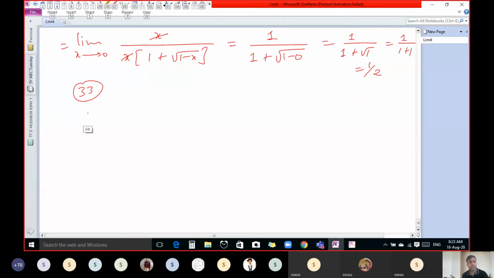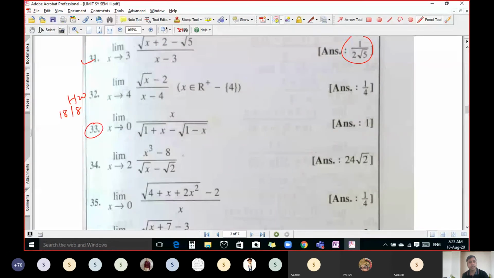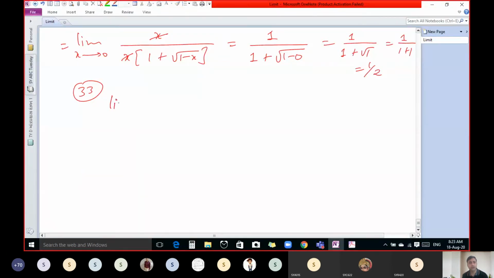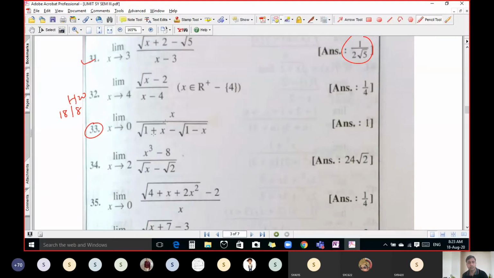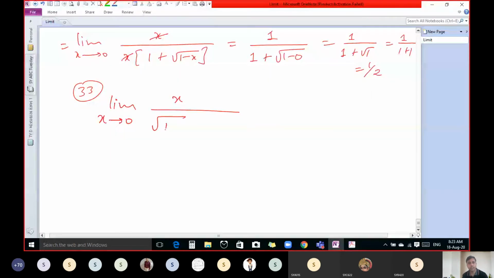In 33, limit x tends to 0, x upon root 1 plus x minus root 1 minus x.